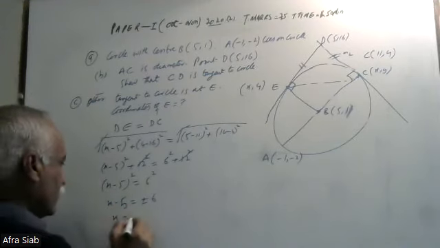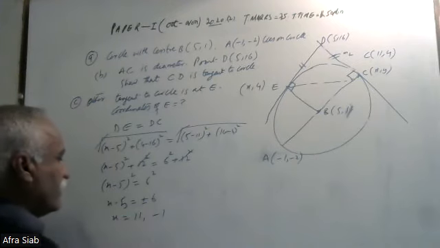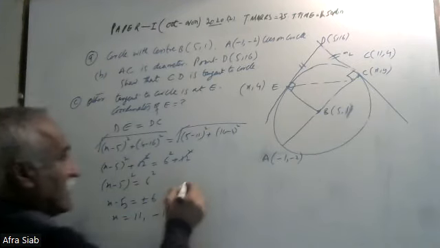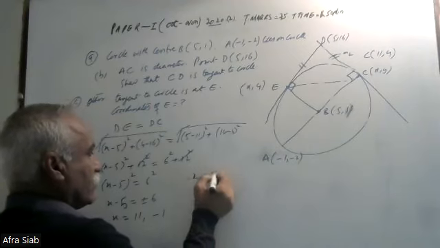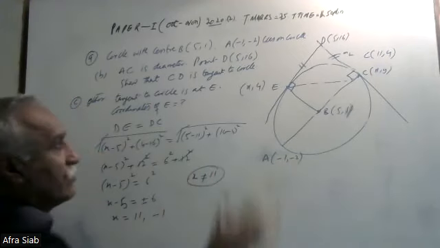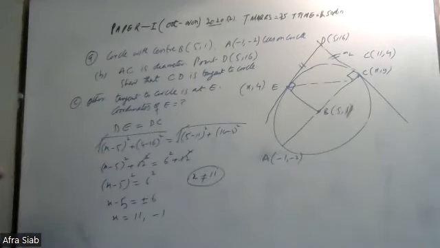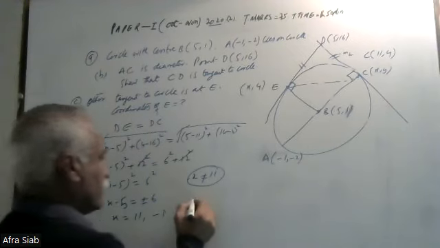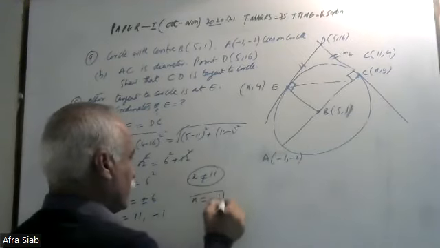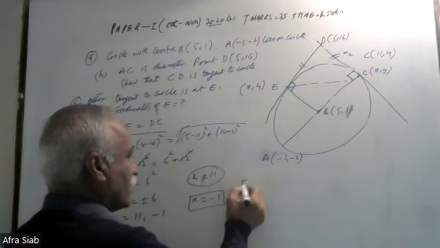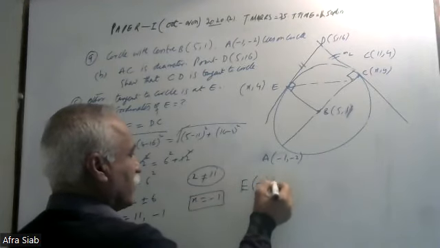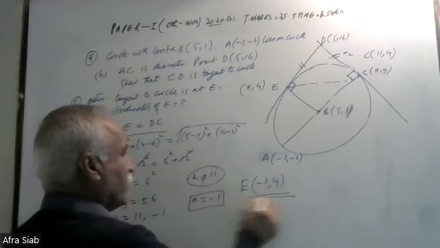So x is equal to 11 and minus 1. But x is not equal to 11 because it will be outside the circle there. So x should be equal to what? Minus 1. So the coordinates of E are minus 1 and 4.